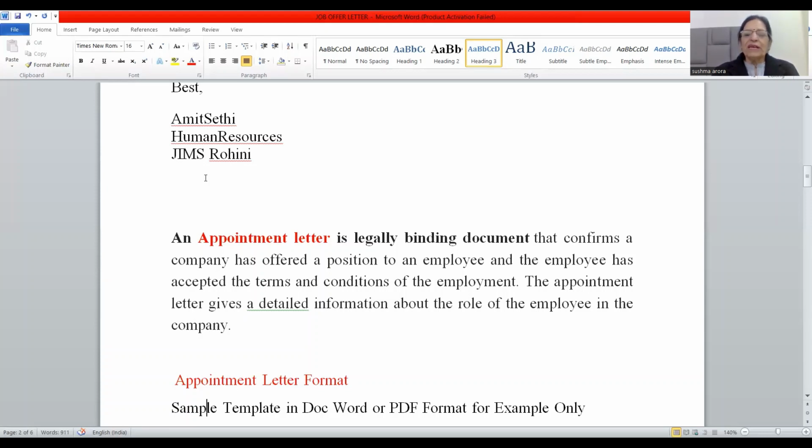What role the employee has to play? What will be the nature of employment? What will be the breakup of salary? What will be the probation period? Will it be 6 months or will it be 1 year? How much notice period will be there? Will it be 1 month notice or more than 1 month notice period? So all these, friends, I'm going to discuss in today's video.